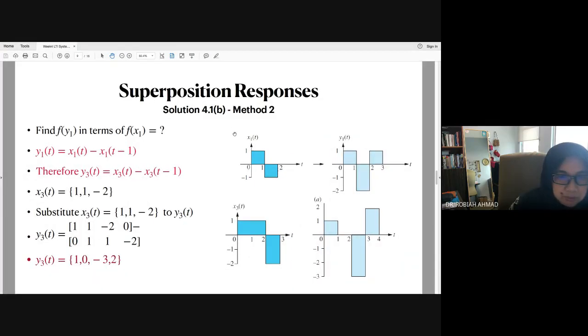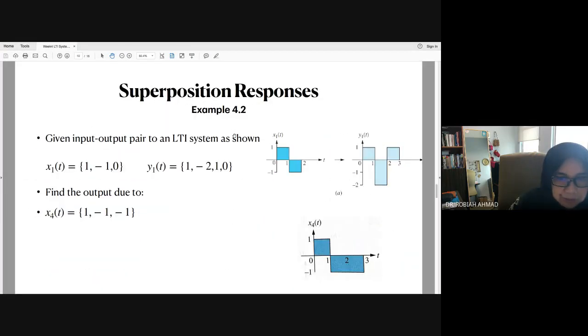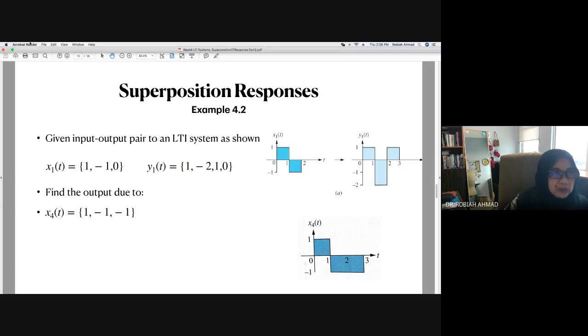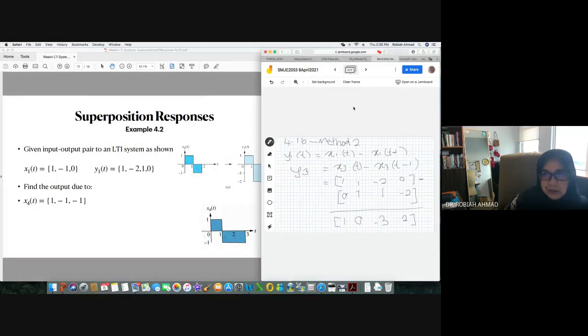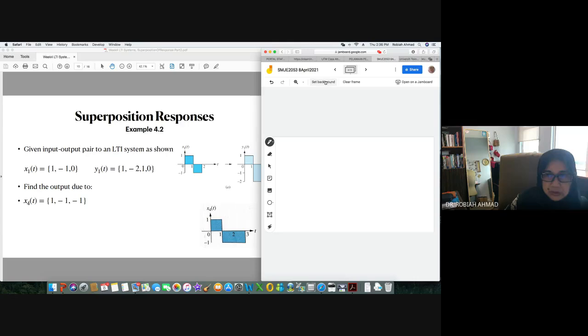Okay, so next one will be another example. Because we still use the same relationship of x1 and y1, we already know the same relationship holds, so therefore y1 equals what we found earlier, which is x1 of t minus x1 of t minus 1.